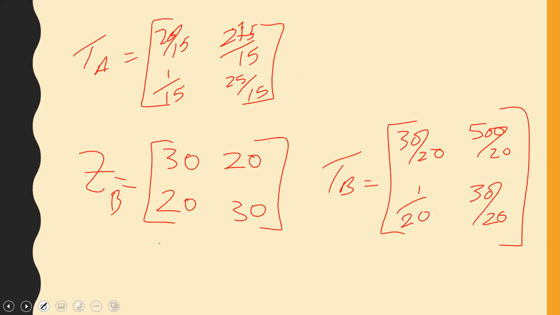And TB. Did you just use the conversion? Did you convert the T to ZB? I found ZB and converted it to T. Oh. Sir, how did you find ZB, sir? From first principles.